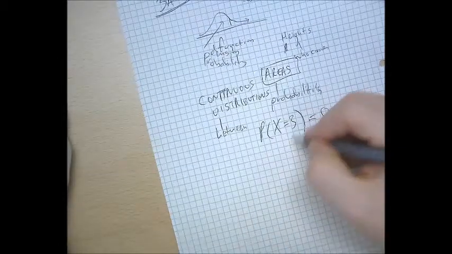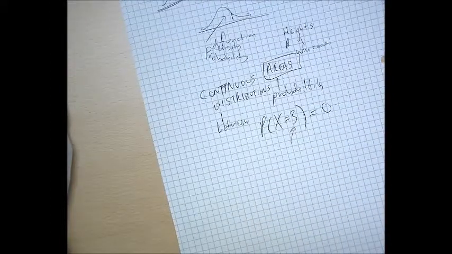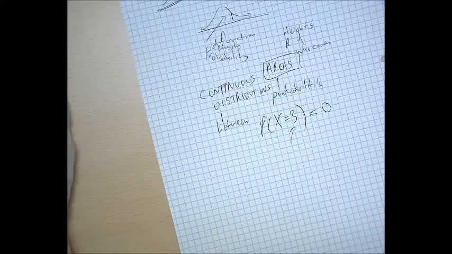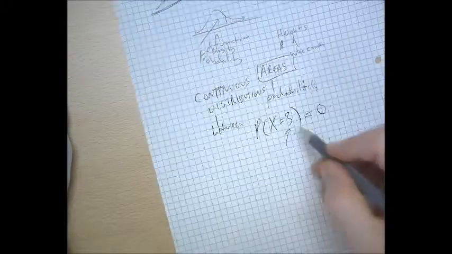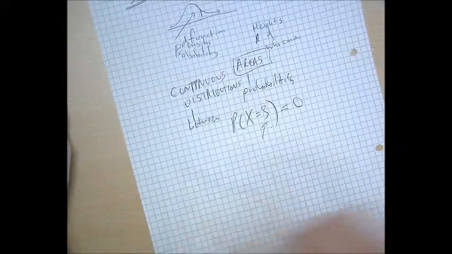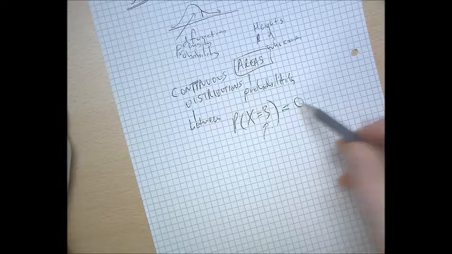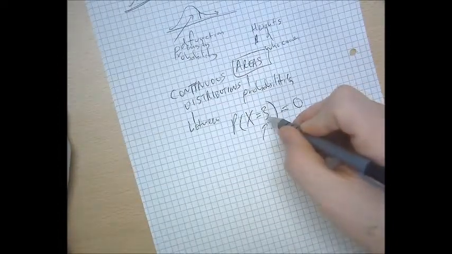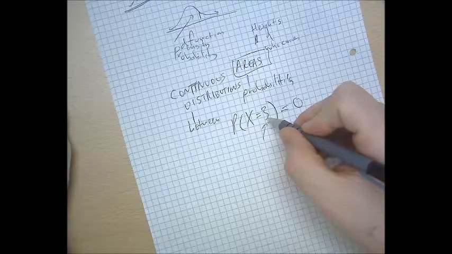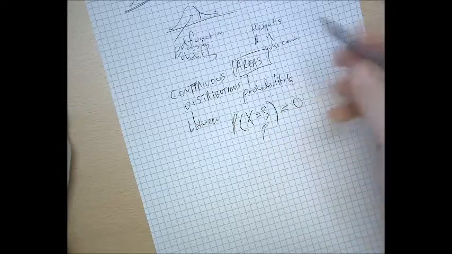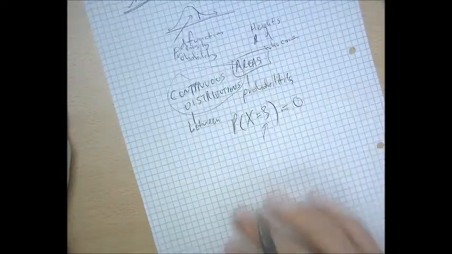Because there's so many other billions of numbers that it could be other than 3. It could be 3.01, 2.999999999. So the chances that your height or whatever is actually 3, no number is low enough to express it, so we just give up and say that it's 0. That makes sense because under any graph, the area between 3 and 3 is 0. Okay? So that's why this whole chapter is just for continuous distributions.